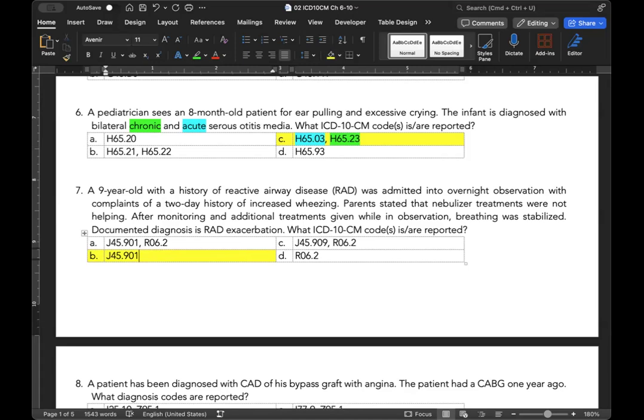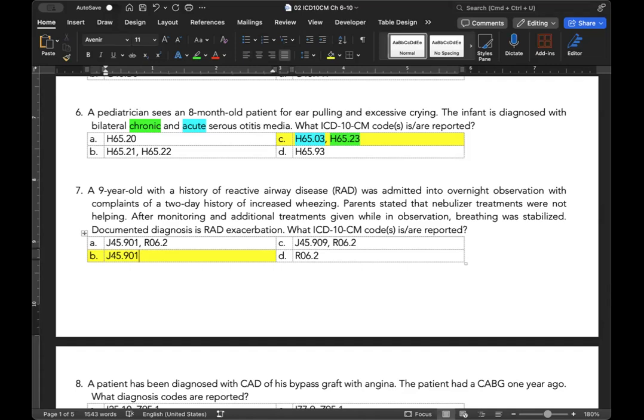Any questions? Is there ever a case where we would list a sequela for this? Would they ask if it would be considered a sequela? The only time you code a sequela is if it's later on down the road after a condition has healed.